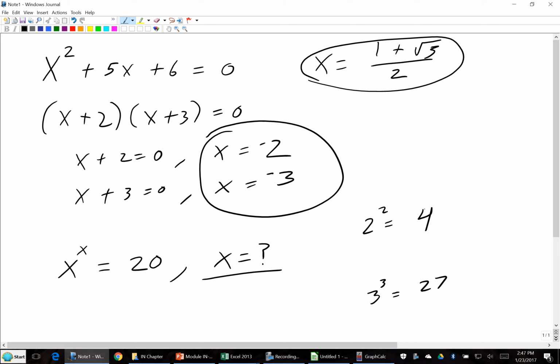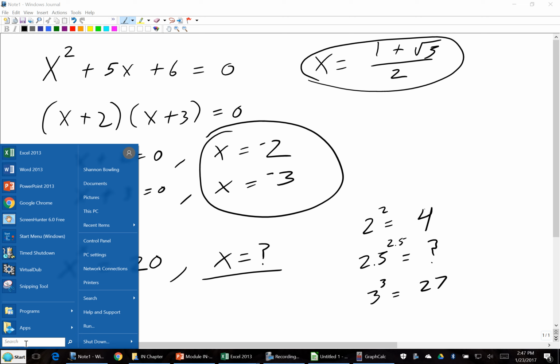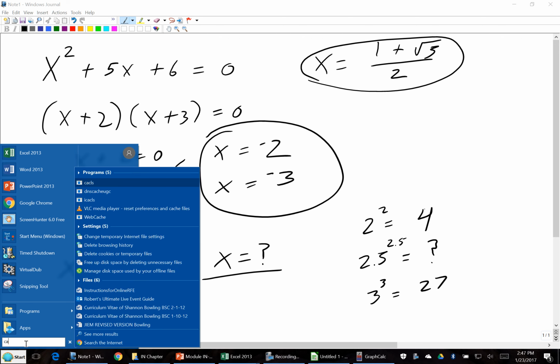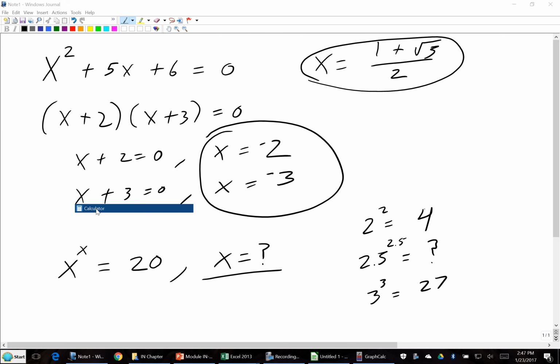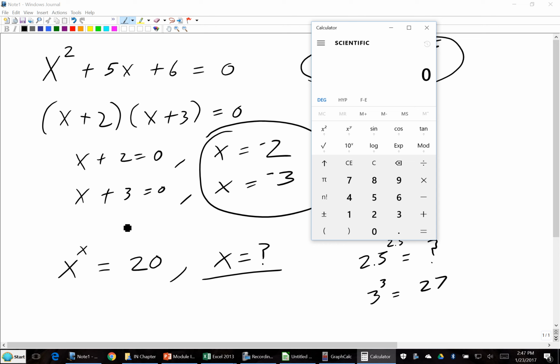So maybe 2.5 raised to the 2.5 power is equal to what? Well, we can go in and we can actually figure that out. So I'll bring up the calculator and do something like 2.5 raised to the 2.5 power.